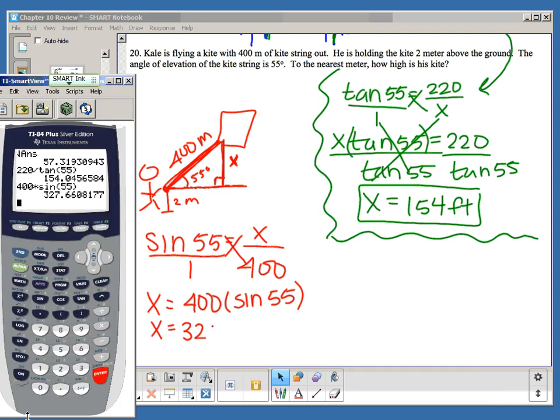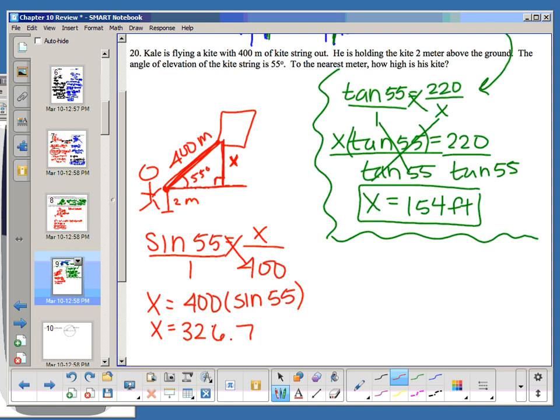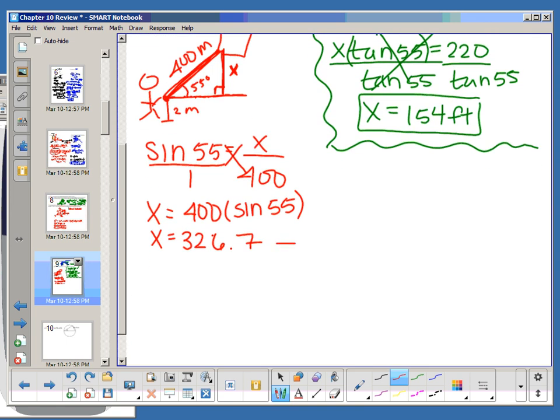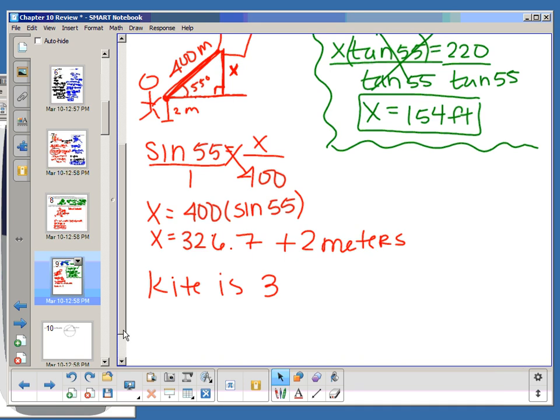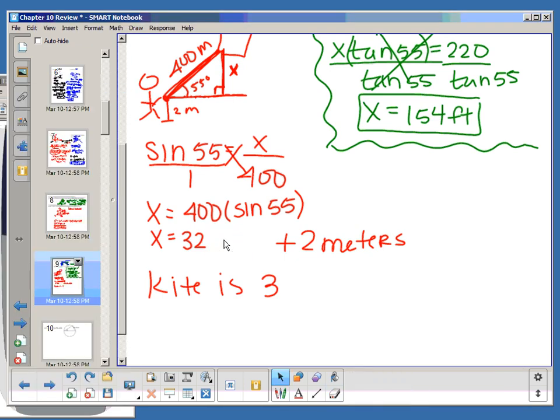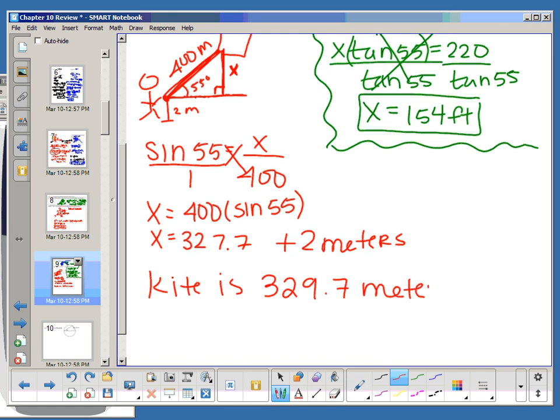That's how high the kite is from his hand up, so we need to add the 2 meters. So in total, the kite is, oops, I messed up on my number, 327.6. So in total, the kite is 329.7 meters if I add in those 2 meters.